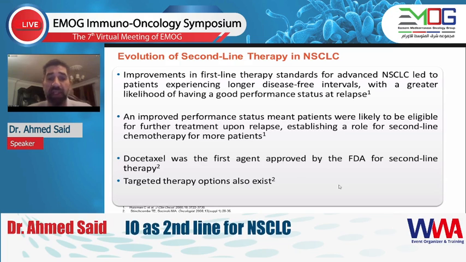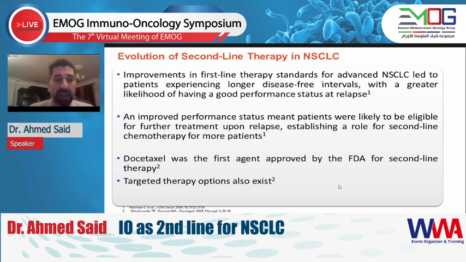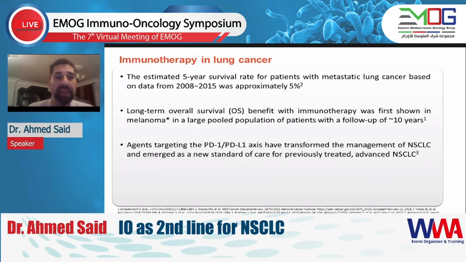Docetaxel was the first agent approved by the FDA for second-line therapy, then followed by a targeted therapy option. The estimated 5-year rate for patients with metastatic lung cancer based on data from 2008 to 2015 was approximately 5%.